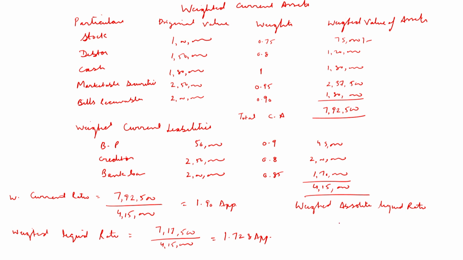The total of the two comes to 4,17,500 divided by 4,15,000 of the current liabilities, which is equal to 1.001. So here again, even after giving the weights, all the ratios are more than the standard, like 1:1, 2:1 and 0.5. So the ratio is quite satisfactory for the organization.